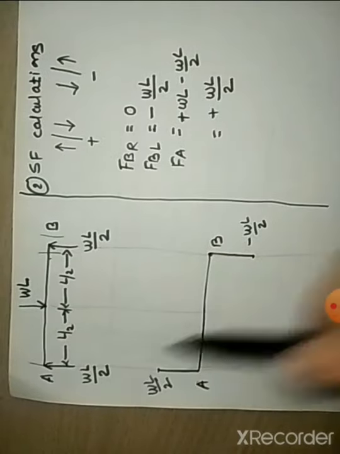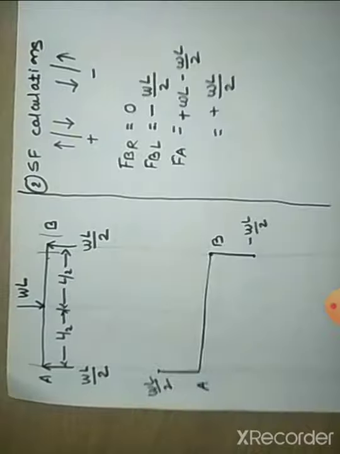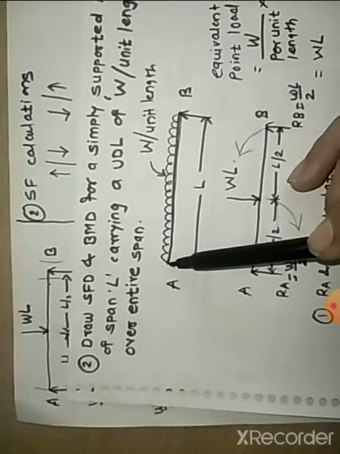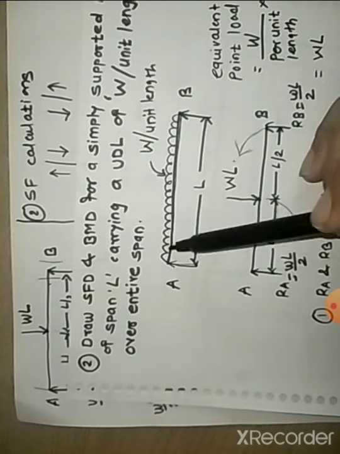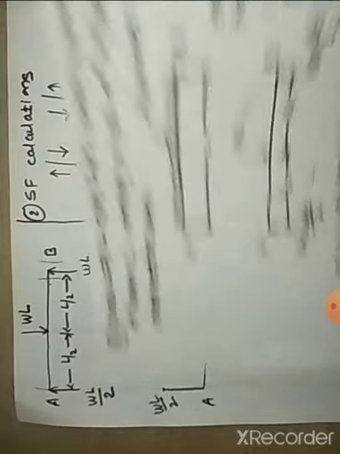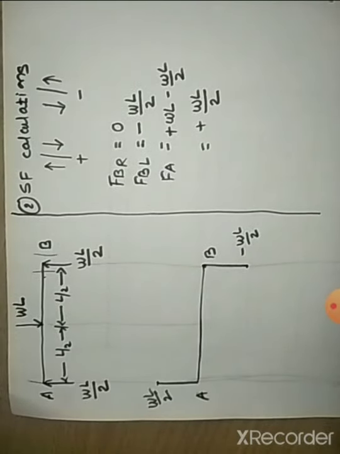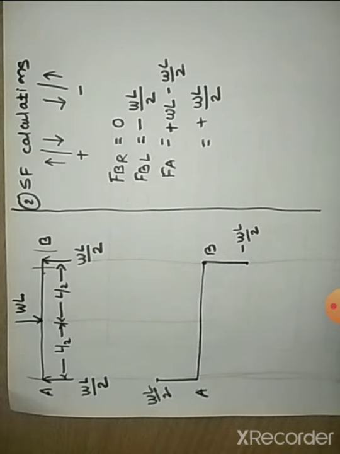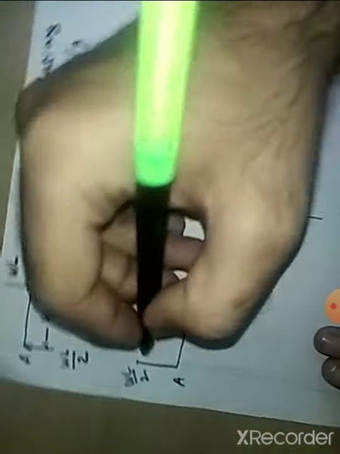Now in between A and B, there is a UDL, right? As we can see, in between point A and B there will be a UDL. So whenever there is a UDL in between 2 points, the shear force diagram will be an inclined straight line.